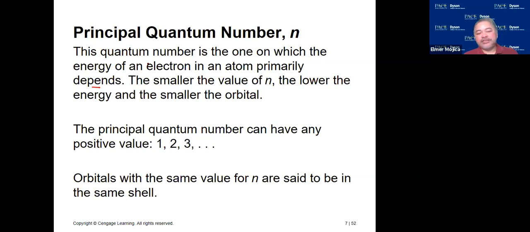Or we could say the principal quantum number governs the size of the orbital. So the smaller the value of n, the lower the energy and the smaller the orbital. The possible values of the principal quantum number are always positive. When we have orbitals with the same value of n, we say they are in the same shell. So n, we could say, is your shell.